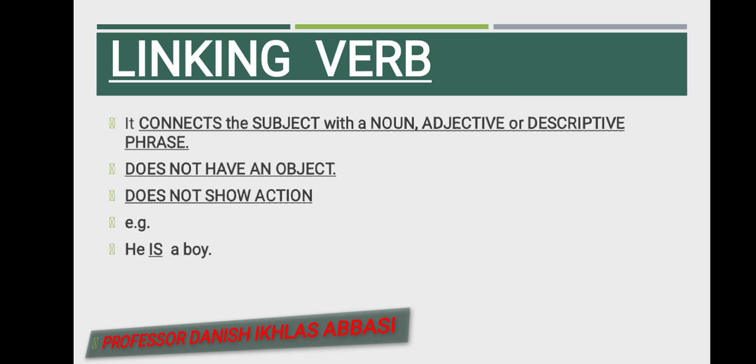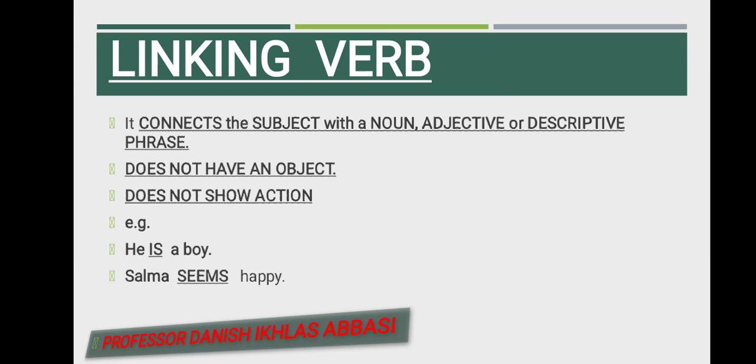For example, he is a boy. Now here the word is connects he to the words a boy. So the subject is connected with a descriptive phrase, with a noun, or with an adjective. Now look at the second example. Salma seems happy. Now here Salma has been connected to an adjective, happy, through the word seems.